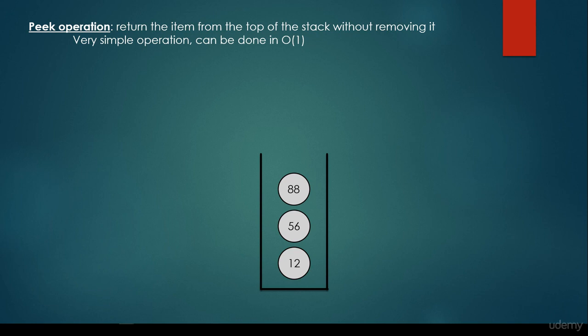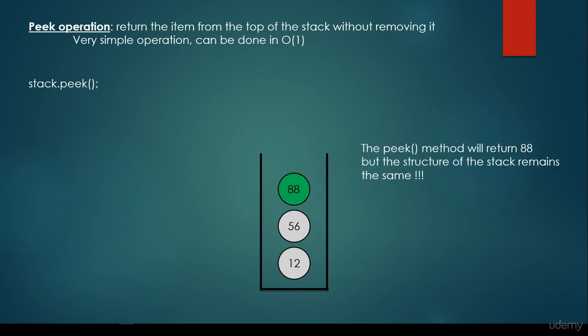The peek method is going to return the value of the last item without removing it. So the size, the items in the stack, is not going to change. Okay, so if we call the peek method, it's just going to return 88, but the structure of the stack remains the same, which means that we are not going to remove 88. We're just going to take the value.